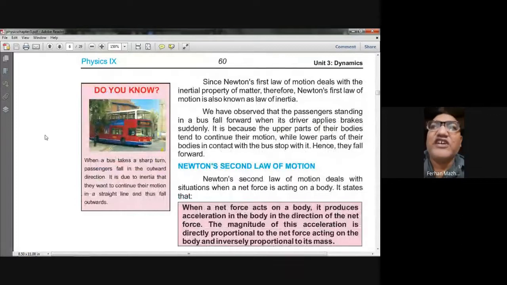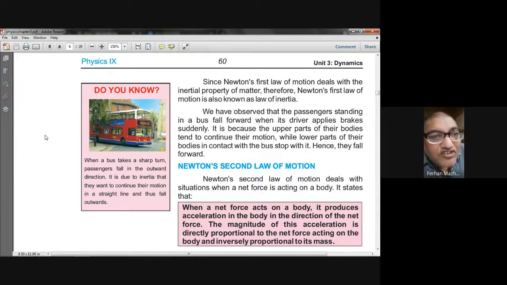Since Newton's first law of motion deals with the inertial property of matter, it is also known as the law of inertia. We have observed that passengers standing in a bus fall forward when the driver applies brakes suddenly.